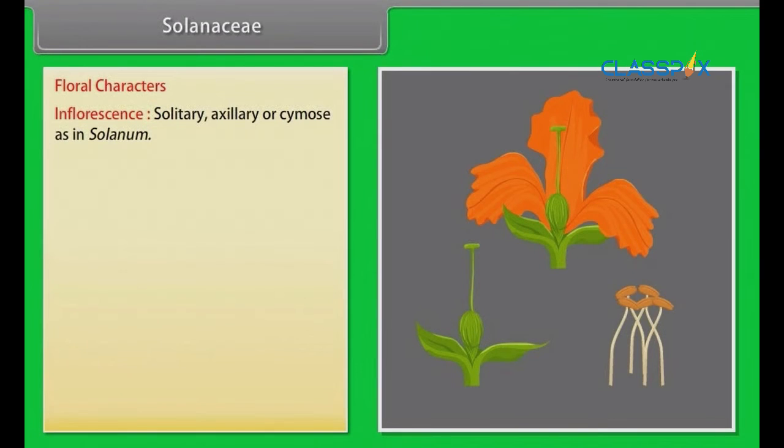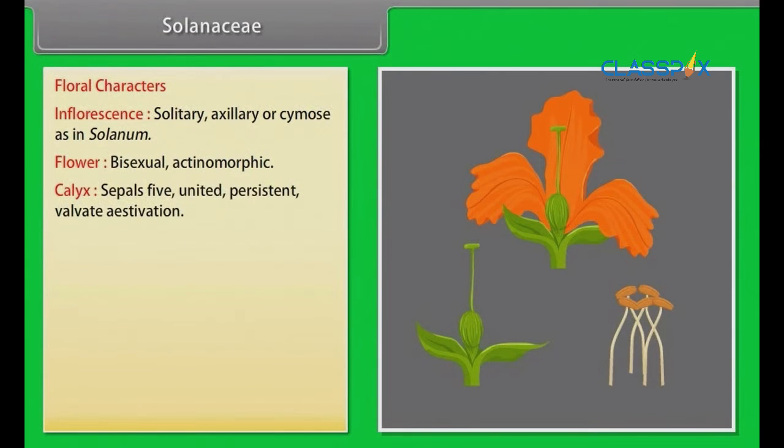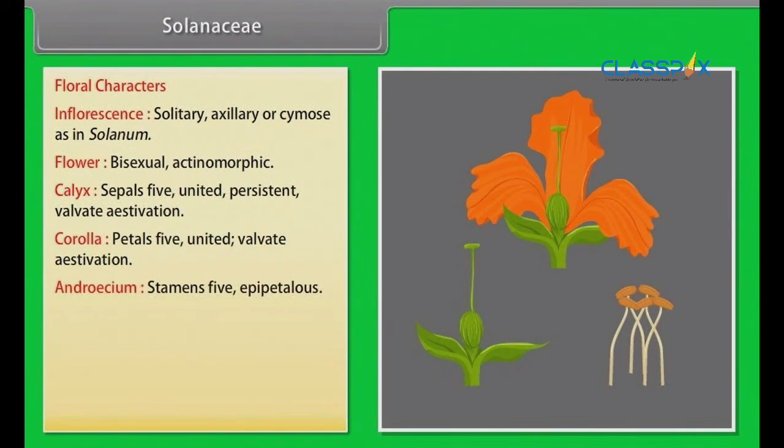Inflorescence solitary, axillary or cymose as in Solanum. Flower bisexual, actinomorphic. Calyx sepals 5, united, persistent, valvate aestivation. Corolla petals 5, united, valvate aestivation. Androecium stamens 5, epipetalous.